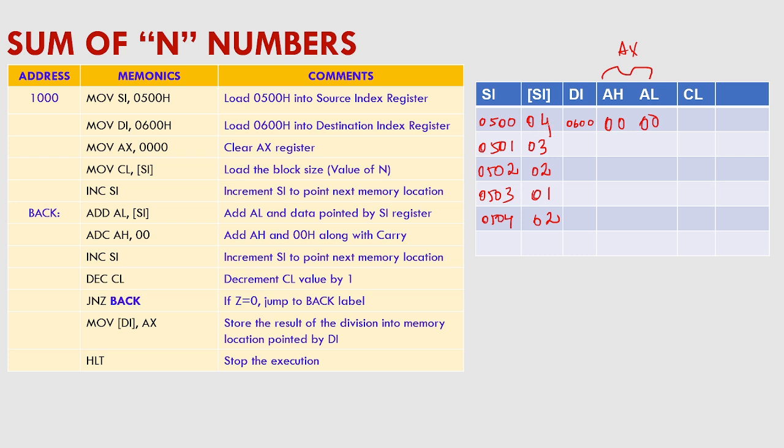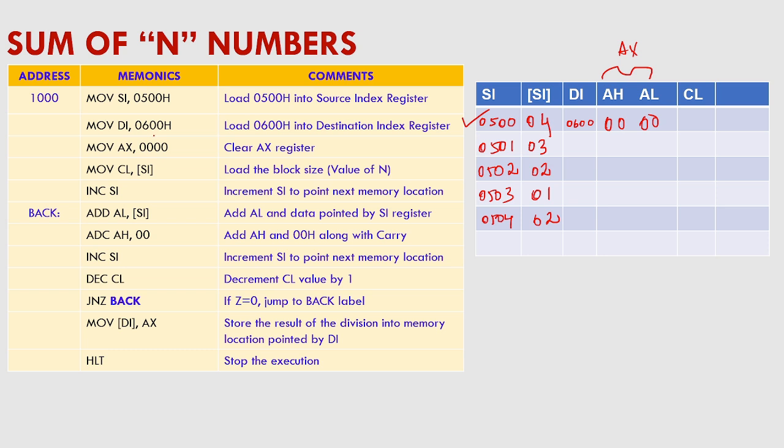Here I can use n number of values, for example 10, 11. Accordingly you can provide the input. Here I am making it 4. So CL will be the content of the first address that I loaded, 0500.